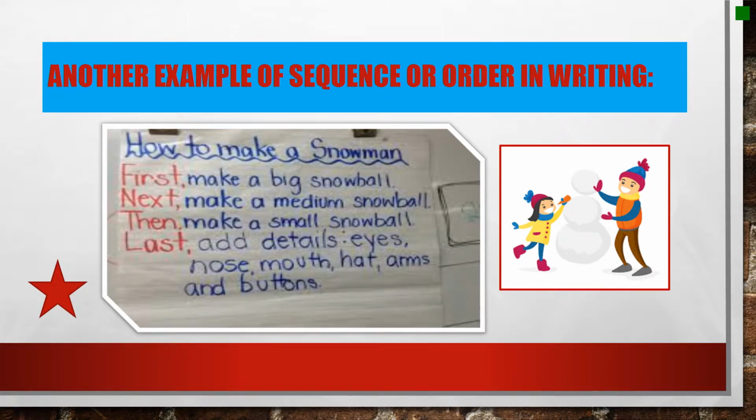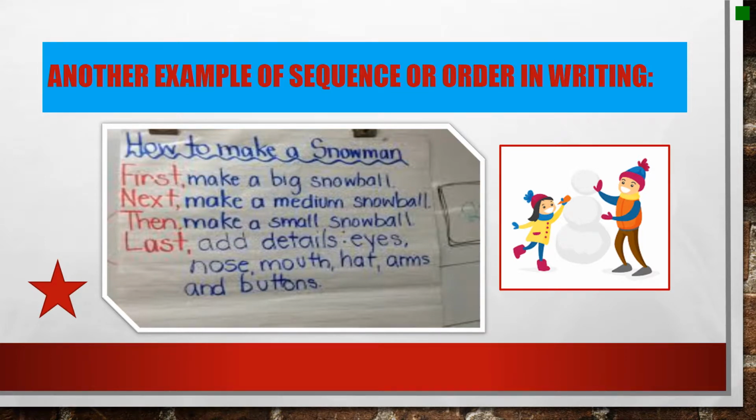Another example of sequence or order in writing. How to make a snowman. Okay, so the kids on the right are going to make a snowman. So how do we do it? When we're writing it, we have to tell the reader what we're going to do first. So start with the word first, comma, make a big snowball. Next, comma, make a medium-sized snowball. Then, comma, make a small snowball.